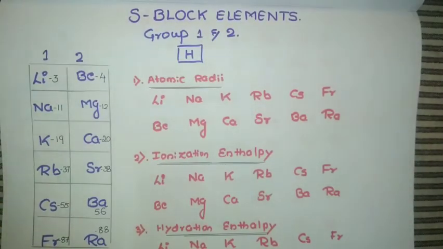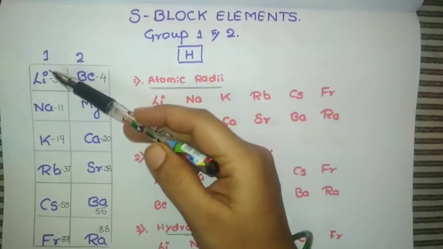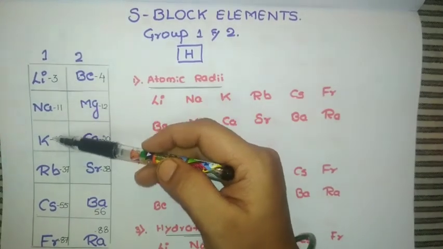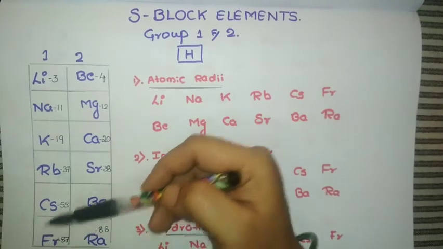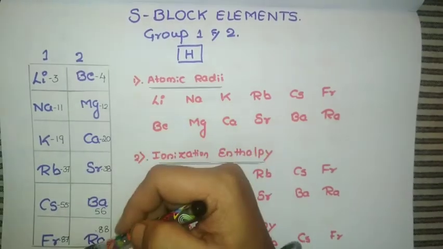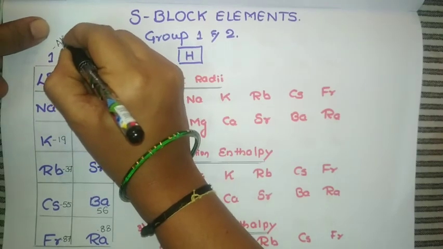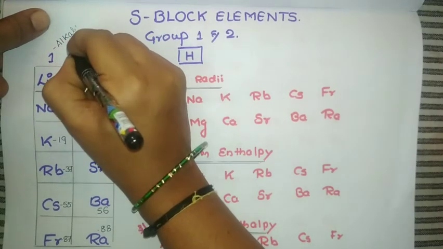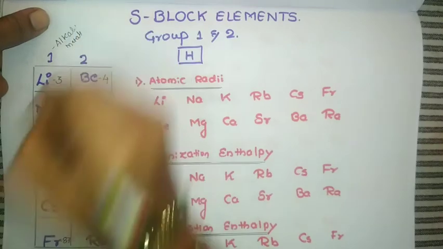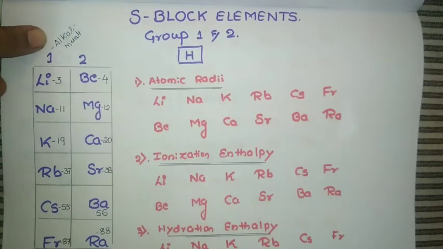Now it starts with lithium, sodium, potassium, rubidium, cesium and francium. This is the group 1 element, also known as the alkali metals.